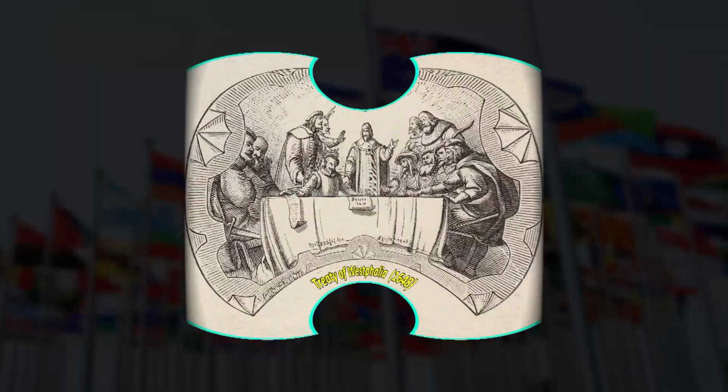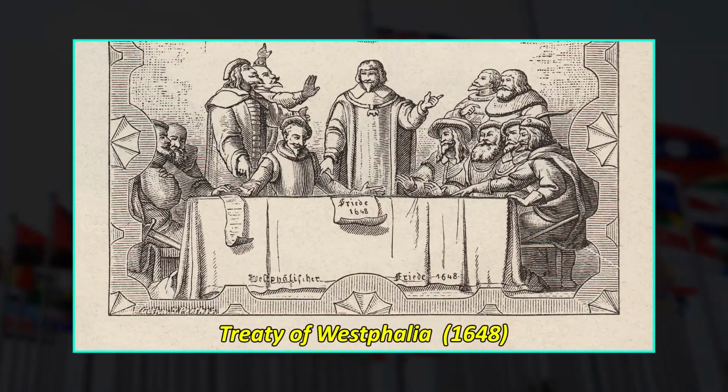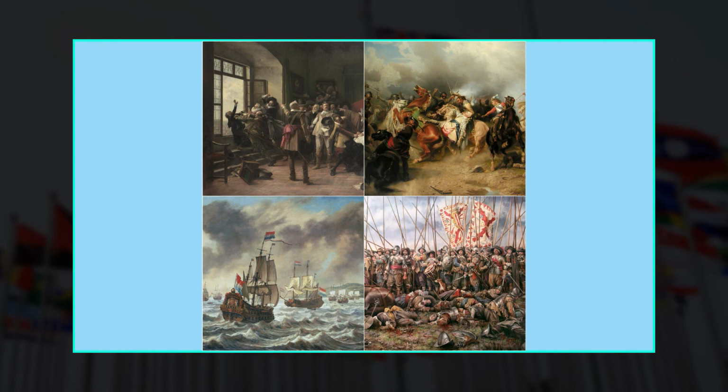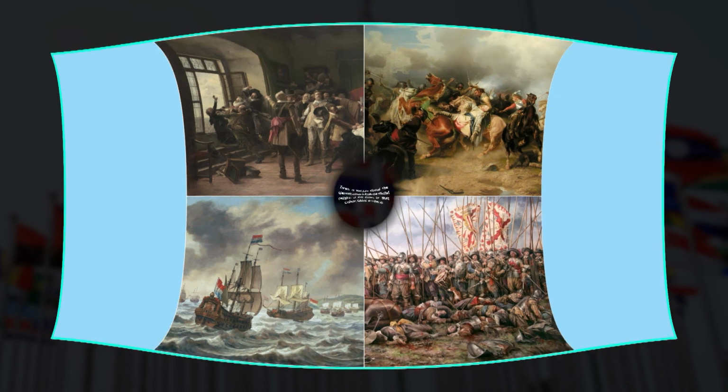If at all the nation state system had a birthday year, it would have been 1648, the year of the Treaty of Westphalia, which effectively brought an end to the 30 Years' War that was fought between 1618 and 1648. The 30 Years' War had been a bloody religious war between the Catholics and Protestants.